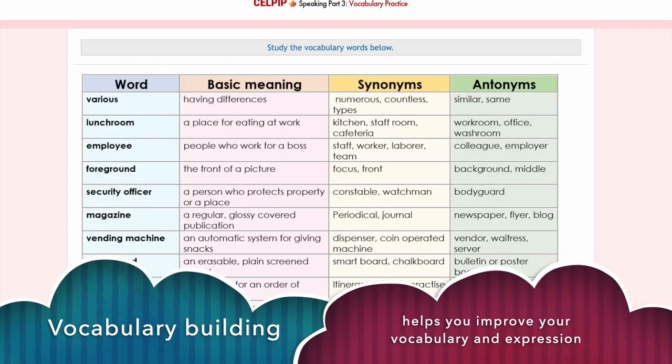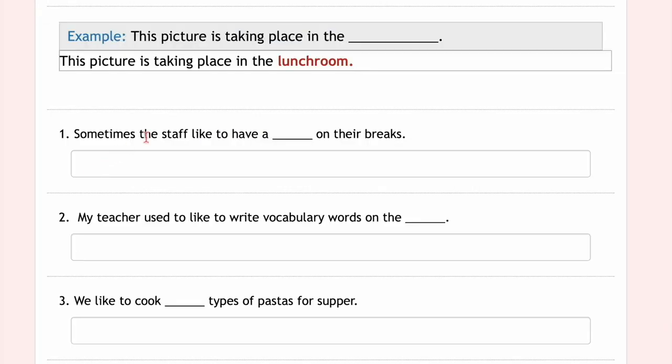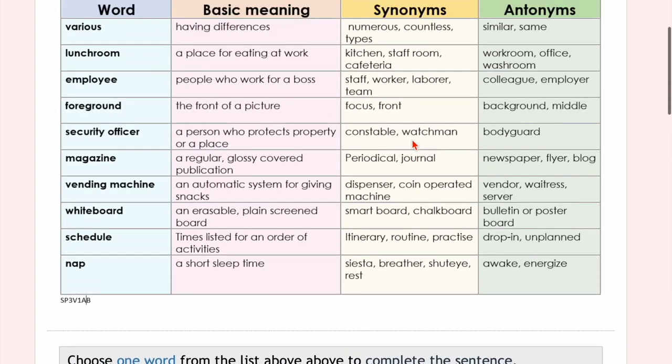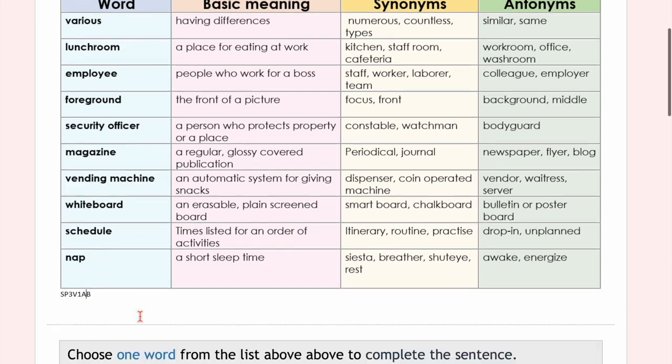These words over here, you can study this word list, and then you can try to find a word. Sometimes the staff like to have a blank on their breaks. They like to have what? A lunchroom? A magazine? A nap? Oh, a nap! That sounds good.